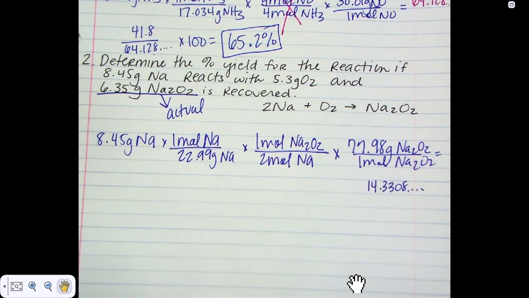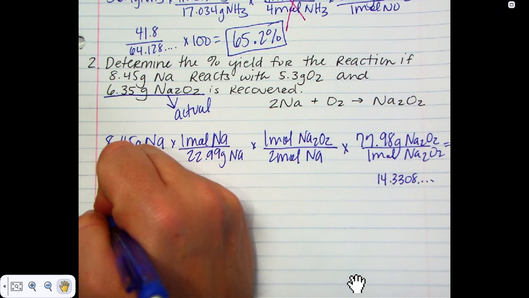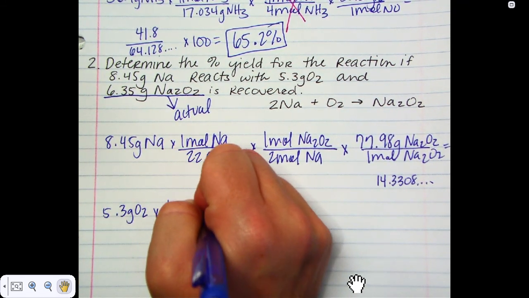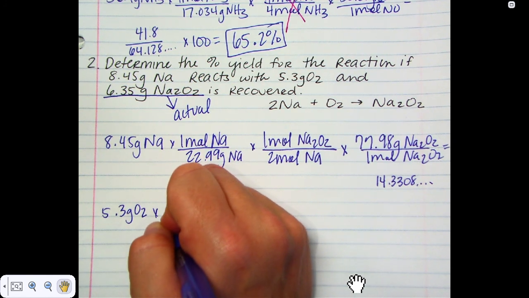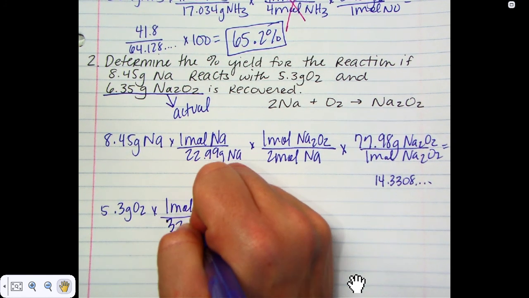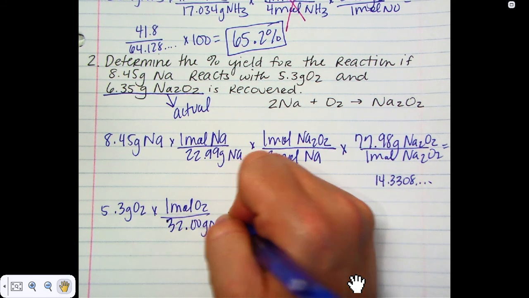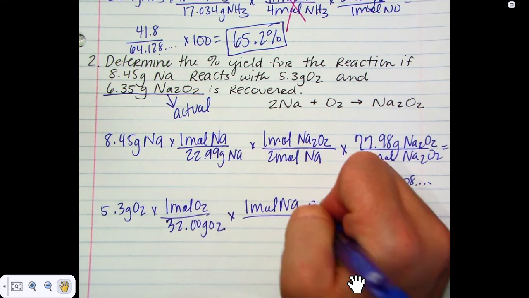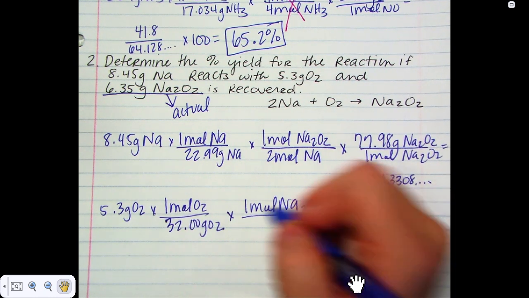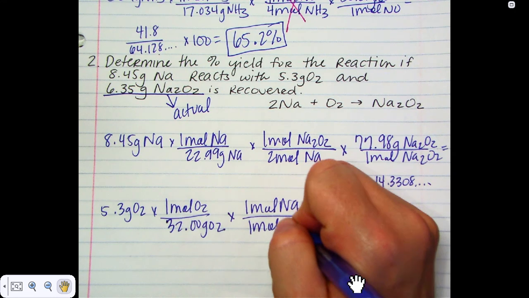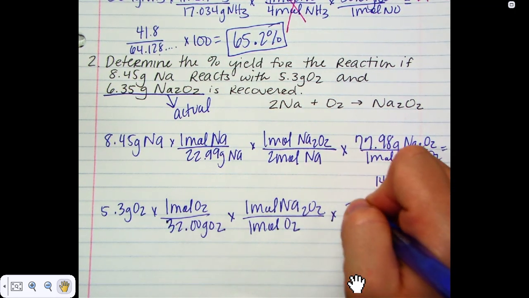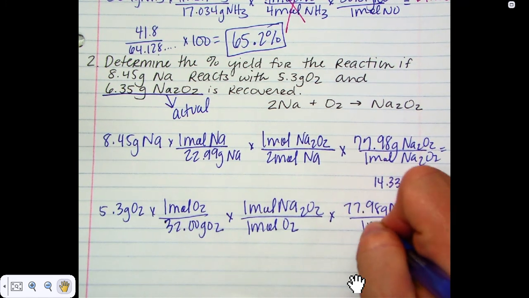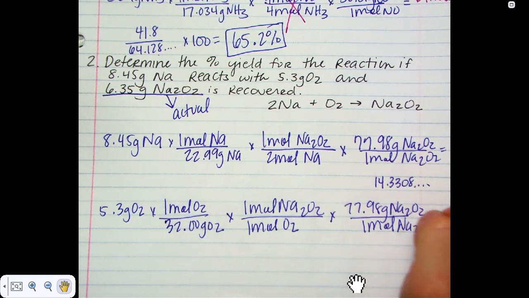All right, so now let's check the other side. 5.3 grams O2 times 1 mole O2 over 32.00 grams O2 times 1 mole Na2O2 over 1 mole O2 times 77.98 grams Na2O2 over 1 mole Na2O2.